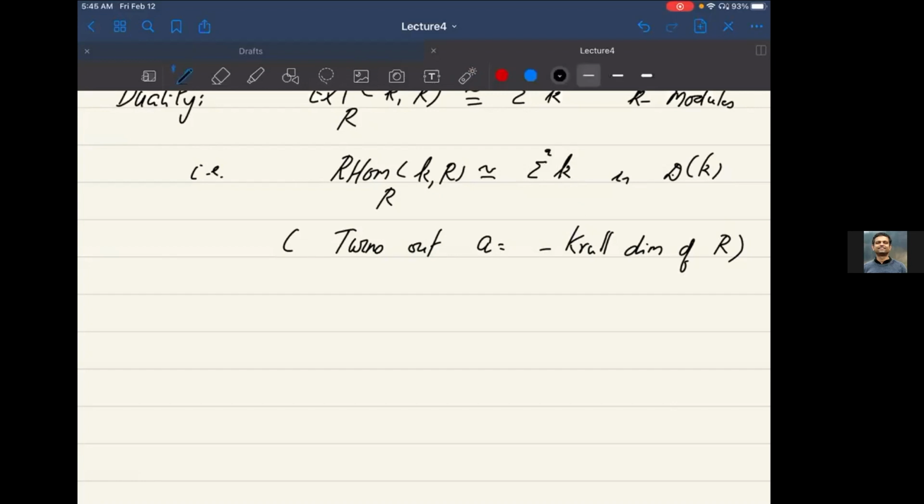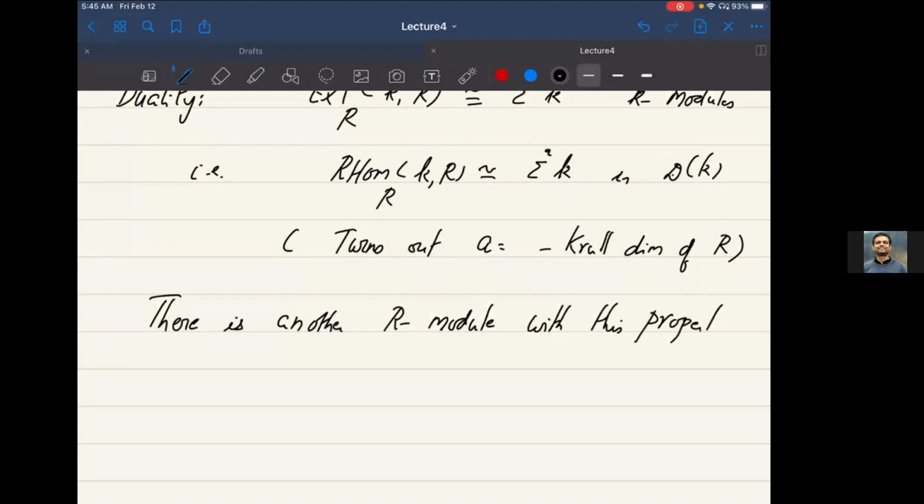In fact, there is another module with this property, namely the injective hull of k.